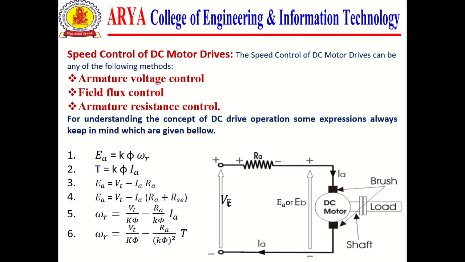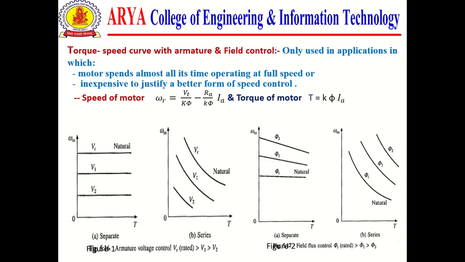So now come to torque speed curves with armature and field control. With the help of the equation expressions relating torque and speed to the armature and field parameters, that is, armature resistance, armature current or armature voltage, and here field current, field resistance or field flux.